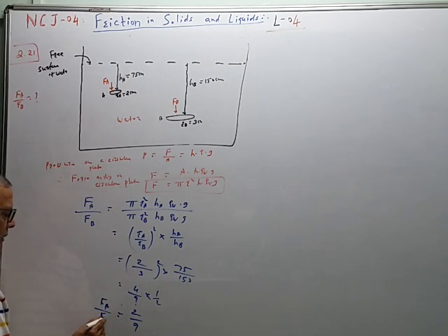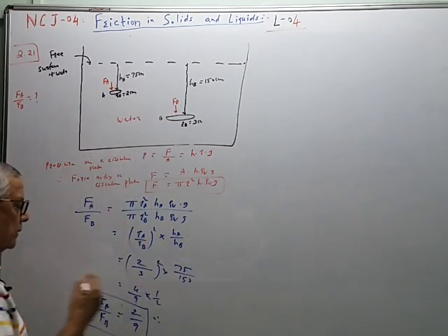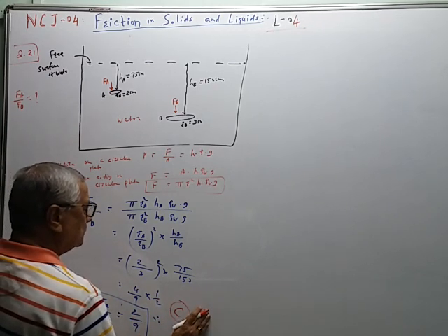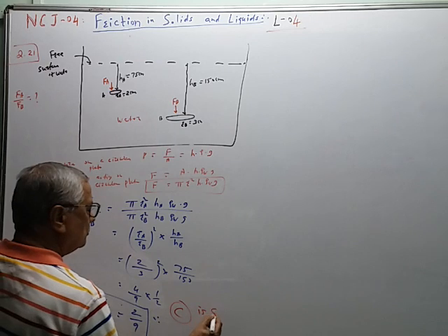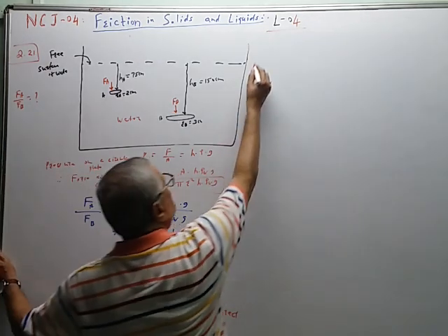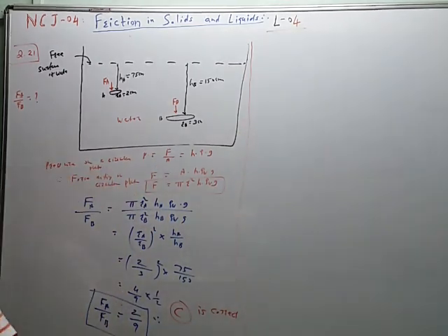FA upon FB is equal to 2 by 9 and therefore C choice is correct. C is correct.